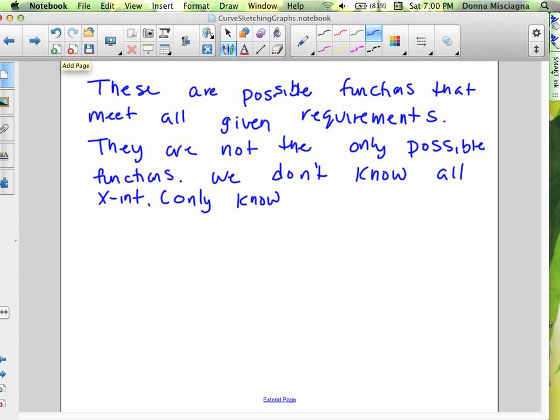There can't be two y-intercepts, otherwise you're no longer a function. We only know one point on that particular graph. On the previous graph, and we won't know all points on those to follow.